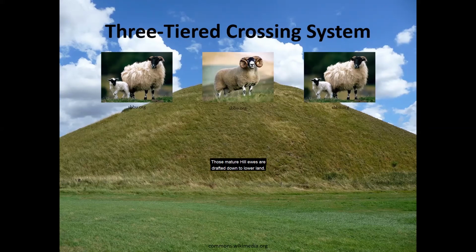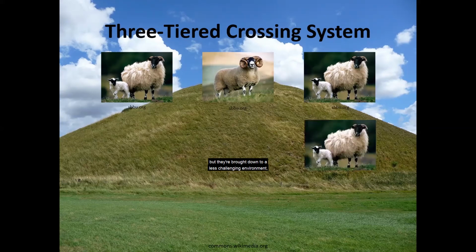Okay, about 4 years or a little bit longer, depending on the teeth, depending on the challenge of the environment, those mature hill ewes are drafted down to lower land. And a little error in this picture, the land doesn't come with them, but they're brought down to a less challenging environment where they can have several more years of productive life.